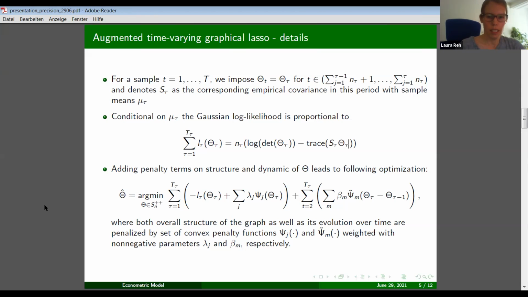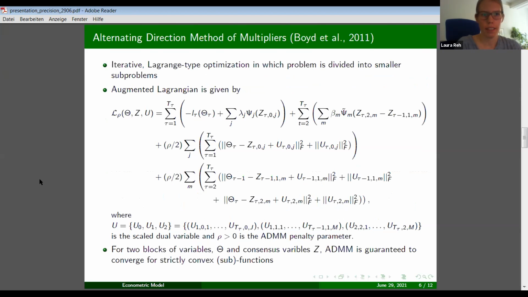Okay, next slide. Here we have a slide regarding the optimization scheme. Again, we do not have time for all the details, just the most important point. We utilized a relatively new optimization approach, called the alternating direction method of multipliers.